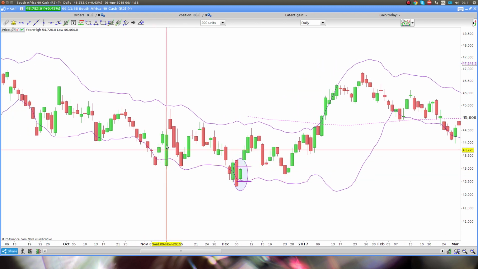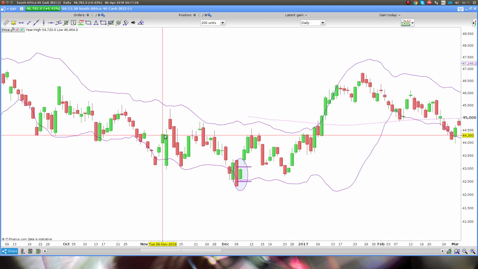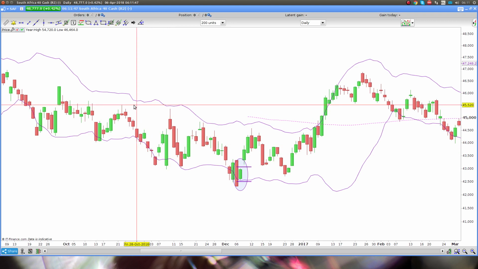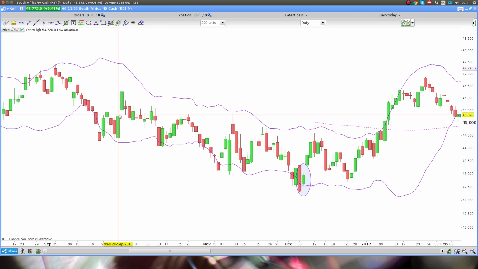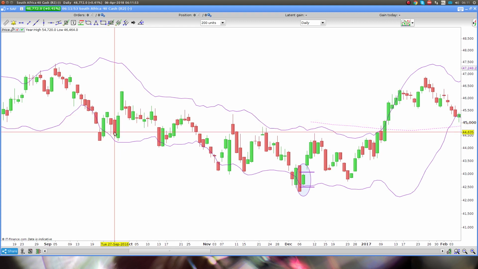Okay, so there's a big engulfing candle there. And it did move slightly to the upside, but we hit the level, turned around, came back. Okay, there's an engulfing. So that bar is bigger than this bar.